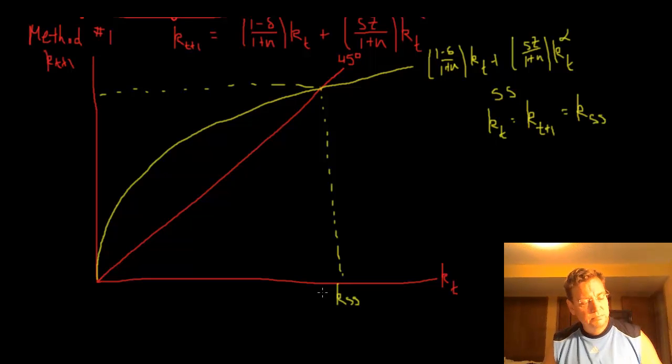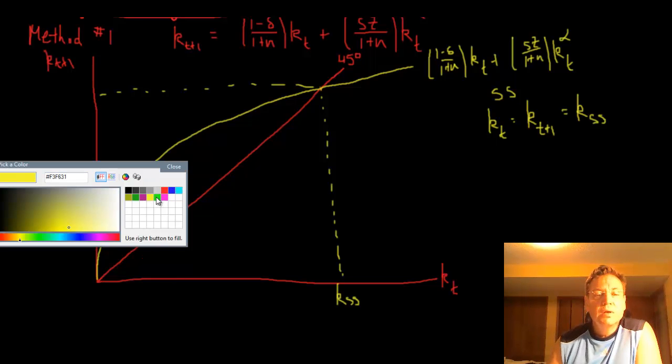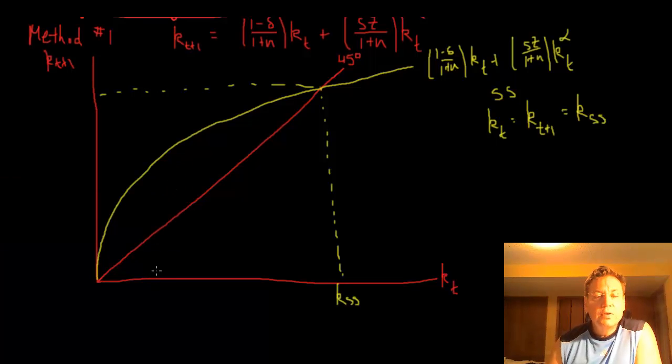Sorry about that. Okay, so then the question is, how do we do the analysis? Suppose that you start, let's go with another color now, at an initial k below the steady state. Then what we know is that the value of kt at that point is less than the value of kt plus 1.